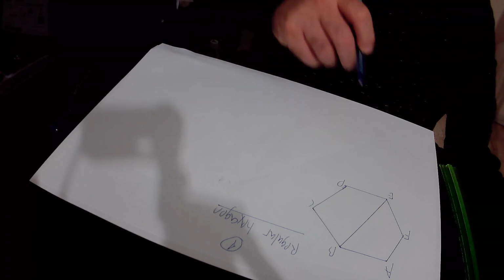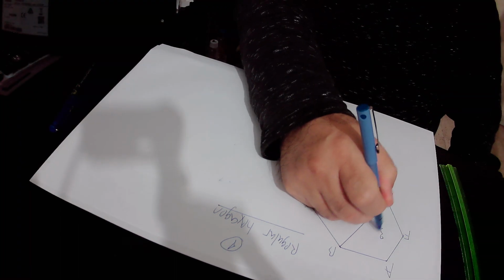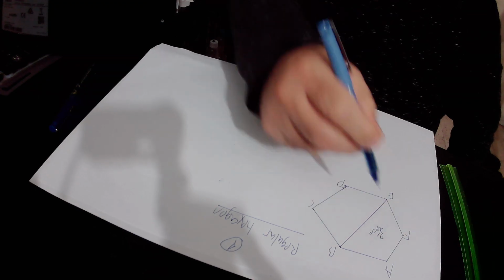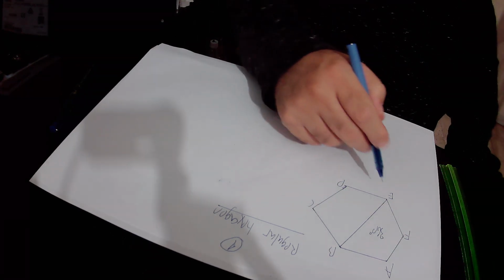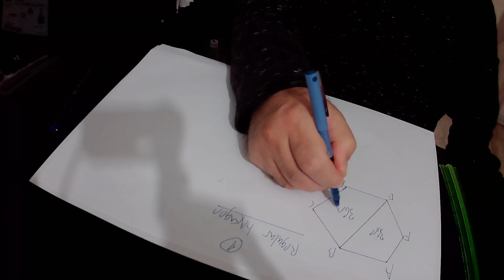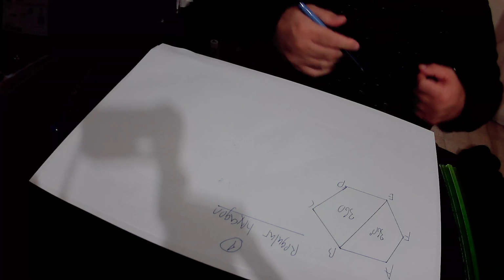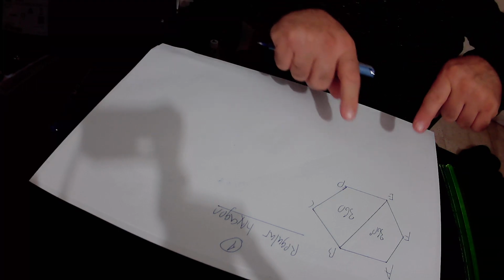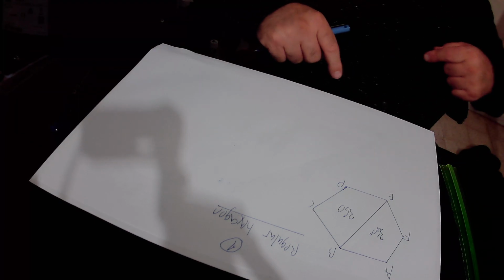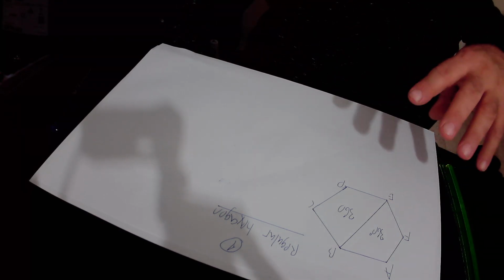So the sum of the angles in this quadrilateral ABEF is equal to 360 degrees. And the sum of the angles in quadrilateral BCDE is also equal to 360 degrees. And the sum of the angles in those 2 quadrilaterals will be equal to the sum of the angles in this regular hexagon.